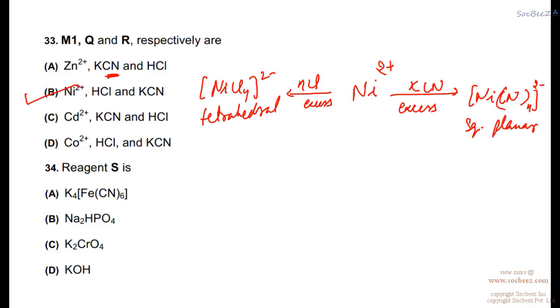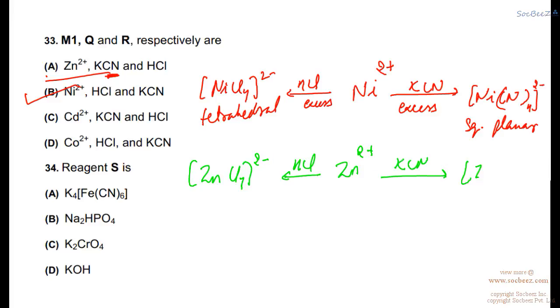Now the next question is what the reagent S is. Let's take the case of zinc first. Zinc with HCl will give us the tetrahedral complex ZnCl4 2 negative, and with KCN it gives again the tetrahedral complex.